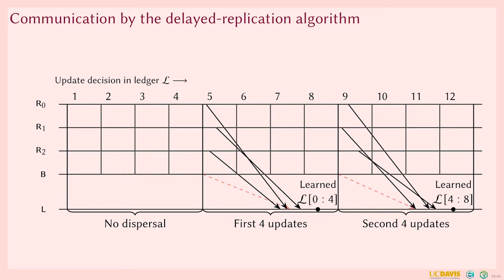One of these pieces might actually be faulty, because there are faulty replicas, of course. So after the learner gets enough good pieces, it can reconstruct the original ledger, and it can do that even if some of the pieces are faulty. And after another 4 rounds, we repeat this process so that the learner will, with some delay, learn the ledger that has been accepted by our blockchain system.